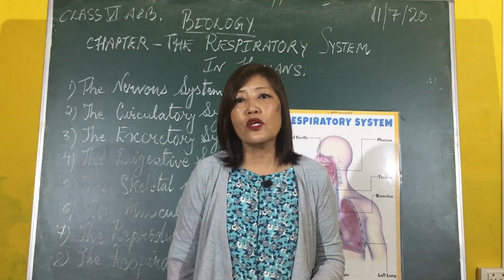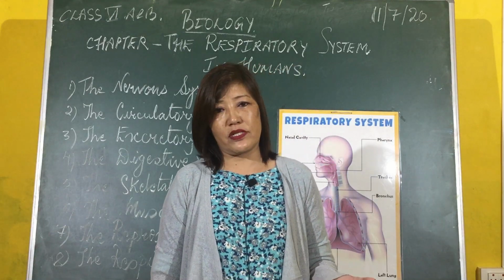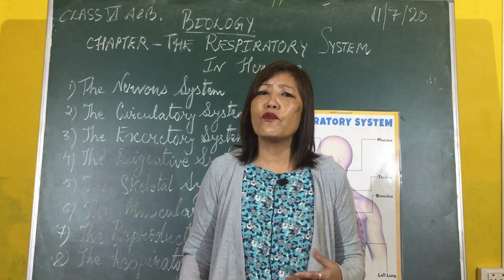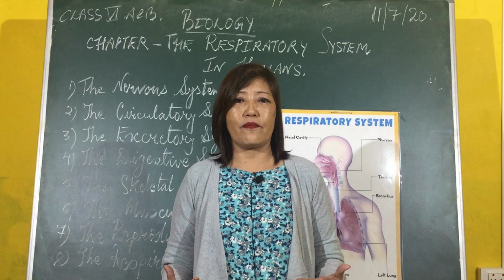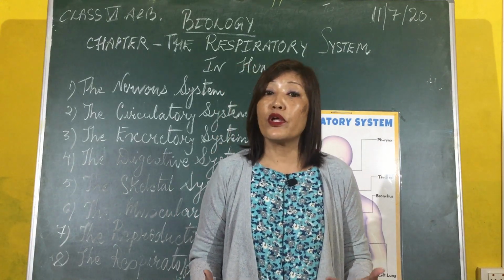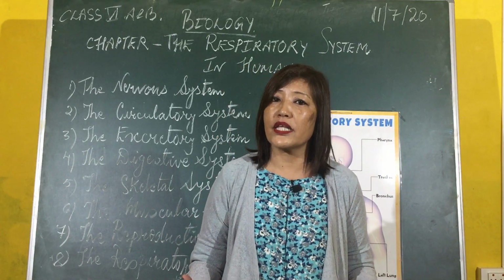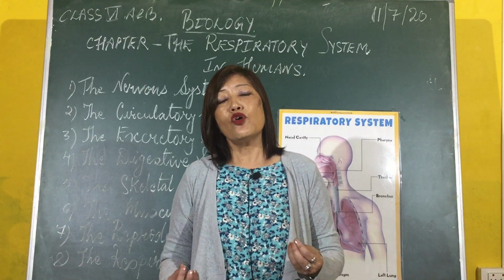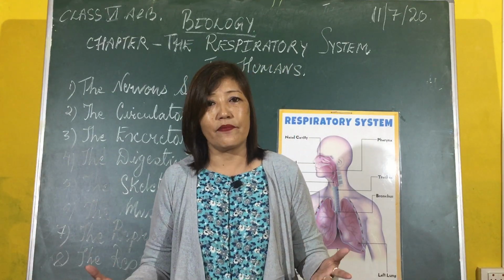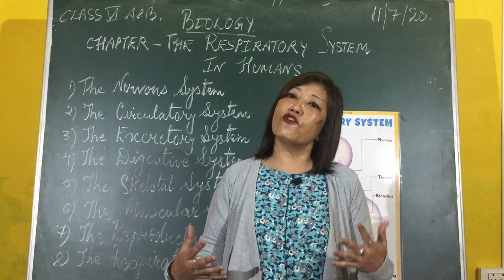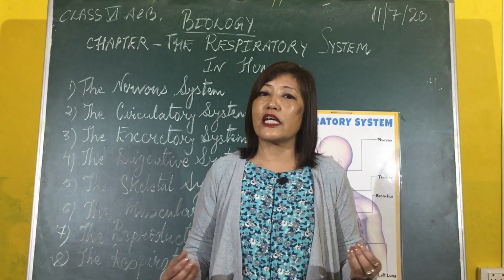Now you see, we are living organisms, right? And our body performs various functions at a time. Say, for example, we respire, we breathe, and at the same time we eat food at regular intervals of time, isn't it? And while eating food also, what happens inside our body?